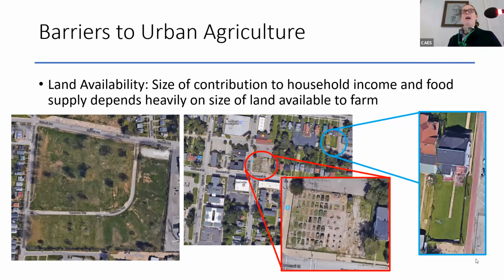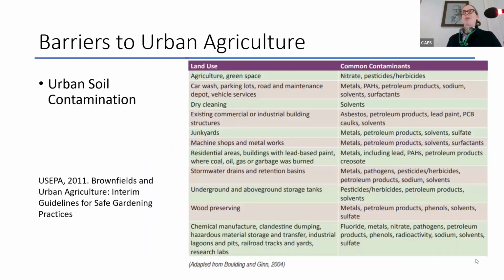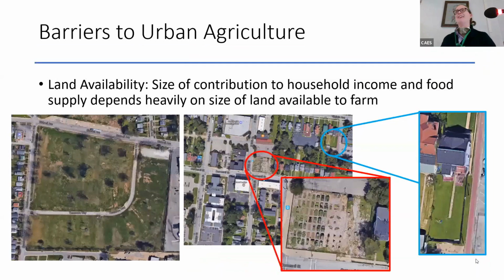There are, however, some caveats. The condition of the soil is going to vary heavily from place to place, not only in terms of nutritional value for the plants, organic matter content, things that are considered important for agriculture, but soil contamination, which I'll get to in a second. Keeps advancing my slides. But this area here, I said, some of it is used for production. Some of it is unusable.